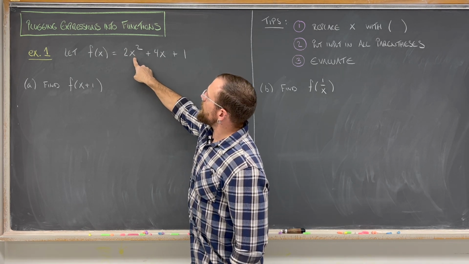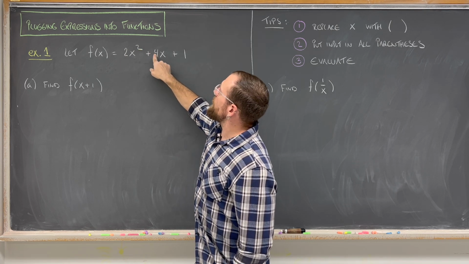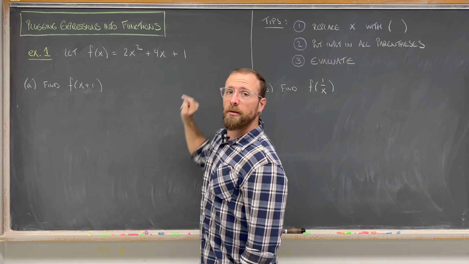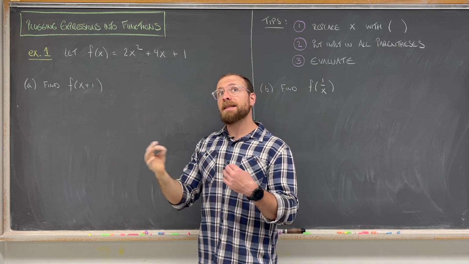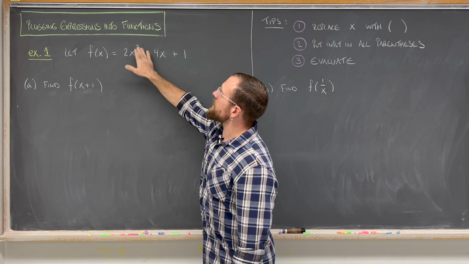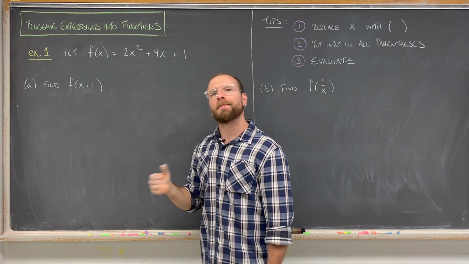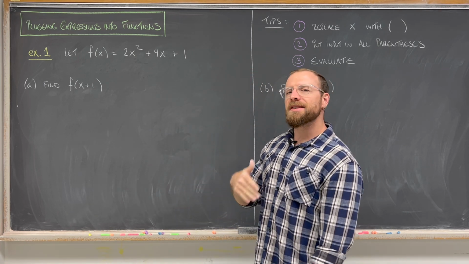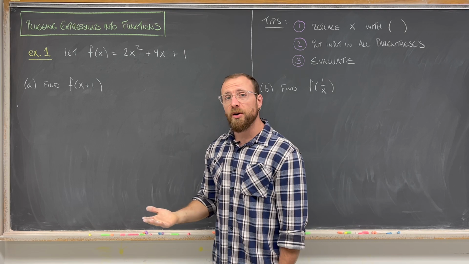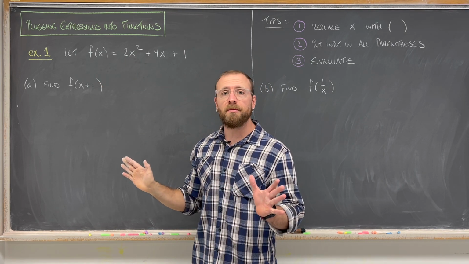We take the input and we square it. Then we double that and add it to 4 times the input plus 1. Okay? That's a set of instructions. The way I read it is the input squared times 2 plus 4 times the input plus 1. That's important. Instead of saying x, I'm saying the input, because in this setting, x just represents the input.